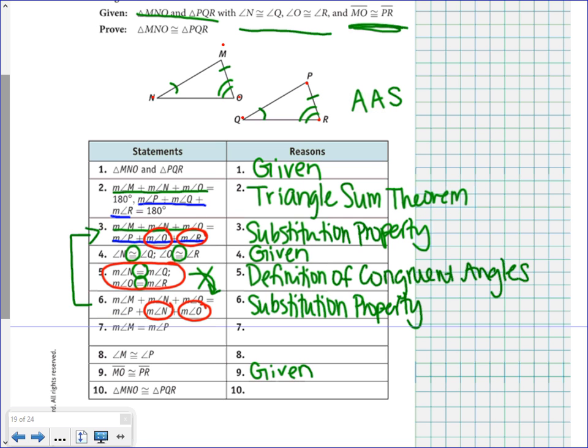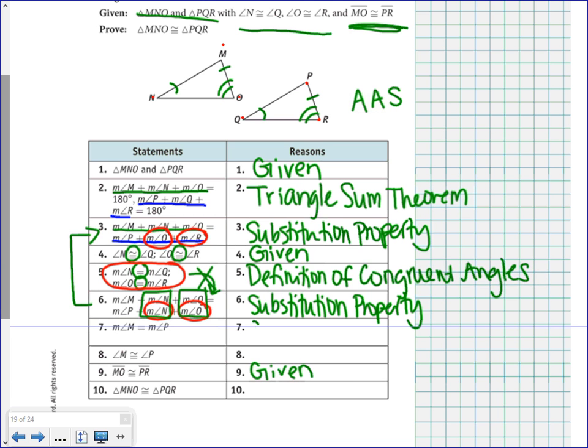And then M equals P. How do we know that the measure of angle M equals the measure of angle P? Well, we can subtract the measure of angle N and the measure of angle O from both sides of our equation to produce step 7.